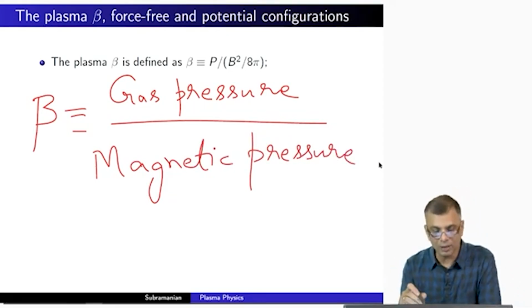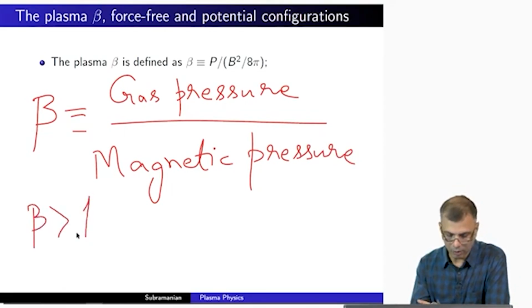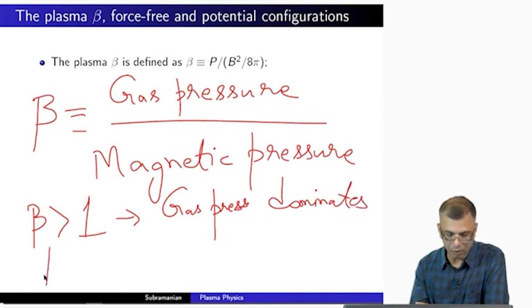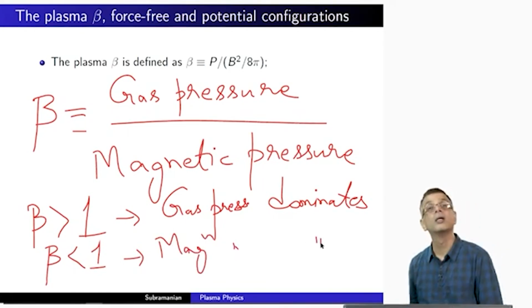So, if the plasma beta is larger than 1, gas pressure dominates, and if the reverse is true, the magnetic pressure dominates, right.